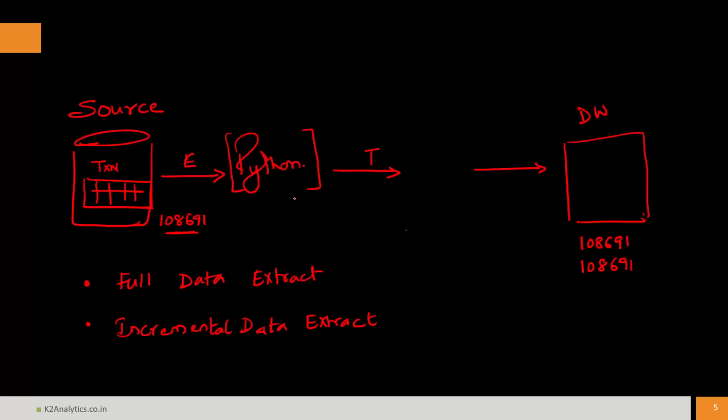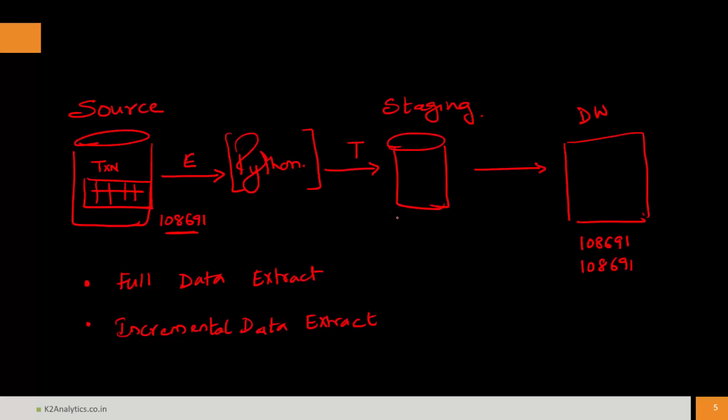So what we do when we do the extraction, we put this data in a staging area. And after extracting, if there's some transformation, we will do the transformation and put it in a staging area.